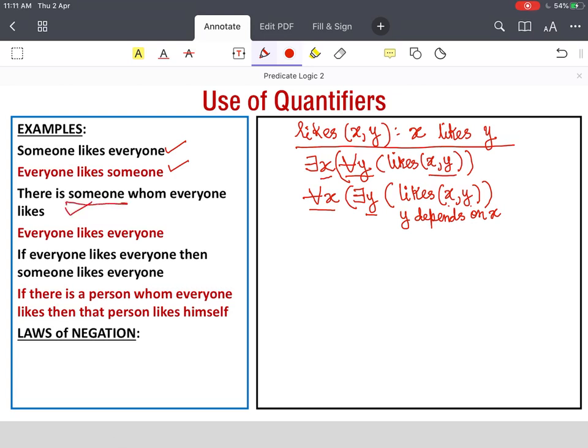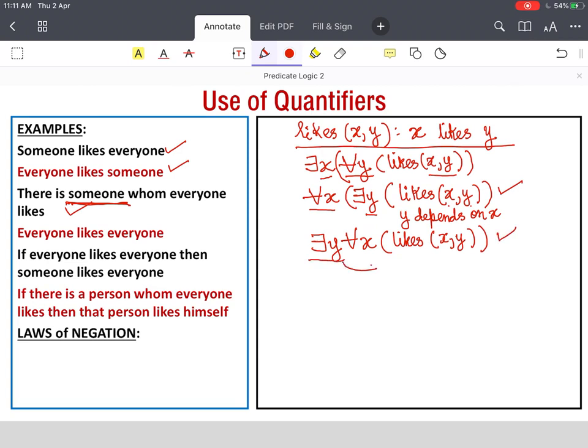Here is the other one which we were talking about. There is someone specific whom everybody likes. So for doing that, we have to write that there exists some y such that for all x, likes(x, y). Note the difference between this one and this one.